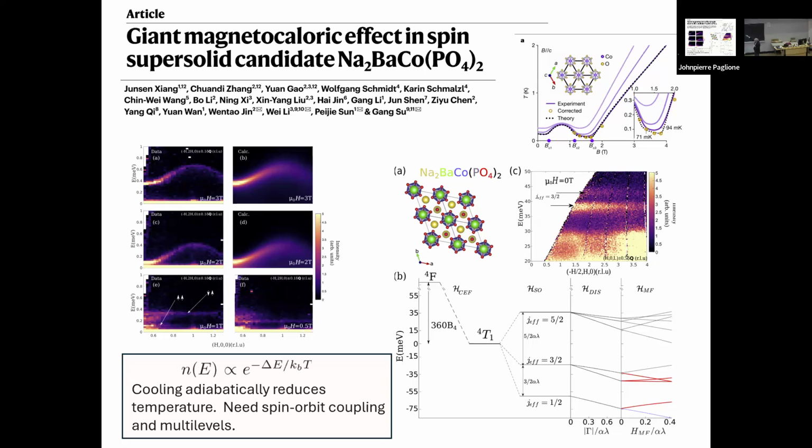And one of the interesting things that was discovered, I think fairly recently, I heard about this at the APS March meeting, is that if you apply a huge field to this thing at 4 Kelvin or something like that, so you polarize all these spins, so you're way down here, and then you slowly decrease the field, so you start turning off this imposed molecular field. Actually, you start bringing these two levels together, and you start getting cooling. And that naturally falls out from looking at this in terms of the spin orbit response. If you start thinking about this as splitting a doublet and you're adiabatically turning off the field, you will get cooling if you want this thing here to stay constant.